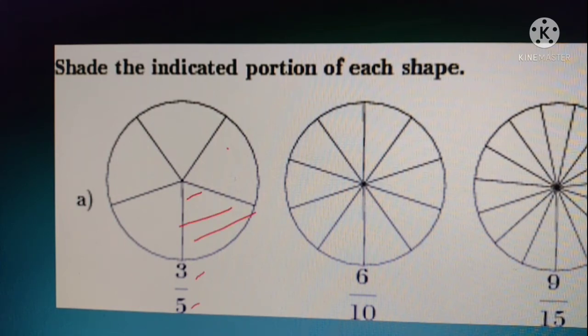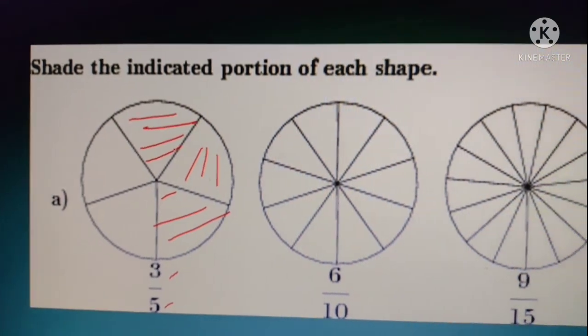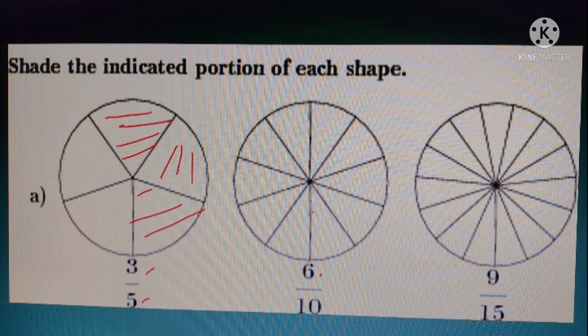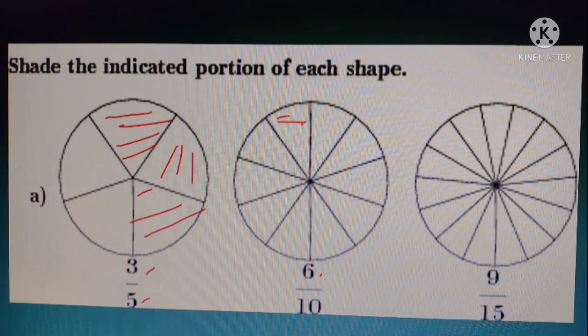So 1, 2, 3. You can shade any 3 parts as you want. In this figure, the figure is divided into 10 parts and 6 parts you have to shade. So 1, 2, 3, 4, 5 and 6.